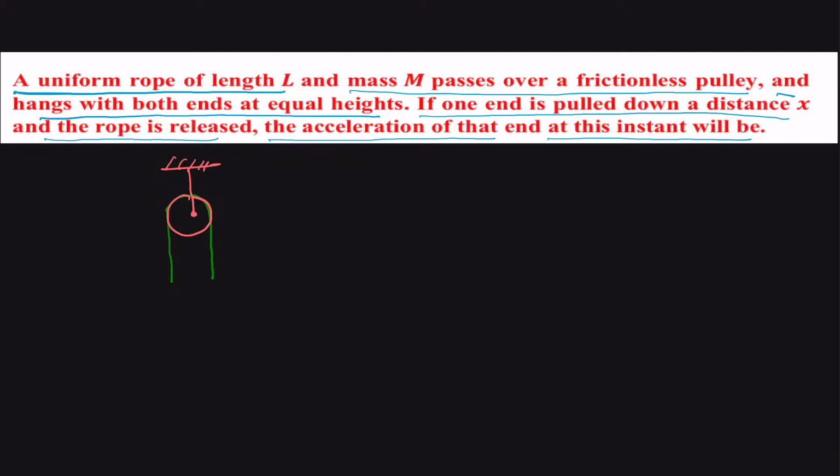So this is the basic thing that is given to us. And then one of the ends is pulled. Okay, let's assume that our left end is pulled downward, and it is pulled by a distance of x. Okay. Therefore, we can just redraw this figure.